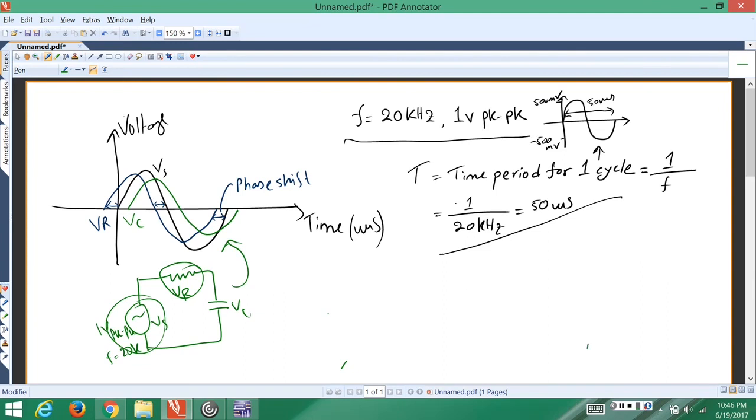We know from this graph that, let's say this is VR, for VR to complete one whole cycle, it should take 50 microseconds. Let's check if our oscilloscope also says that it takes 50 microseconds.